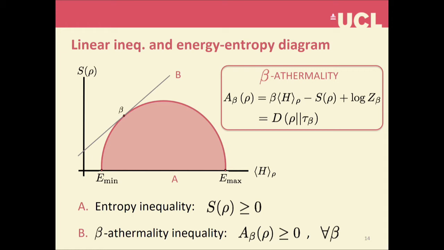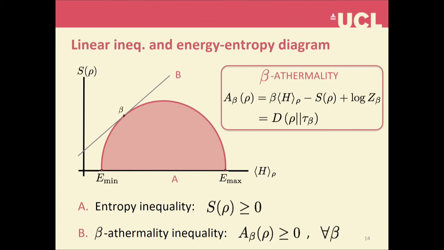And then we need the states to satisfy this family of inequalities, which are related to this beta-thermality quantity. This beta-thermality is nothing more than the difference between the free energy of the state you're considering and the free energy of a thermal state at that specific inverse temperature beta.